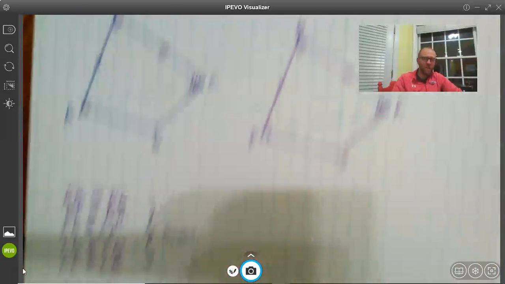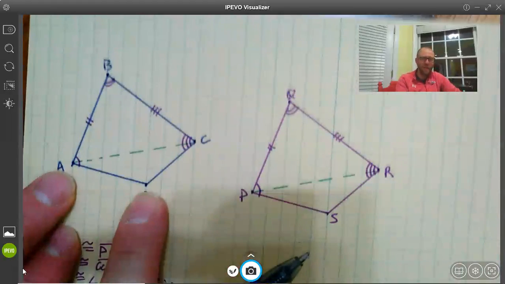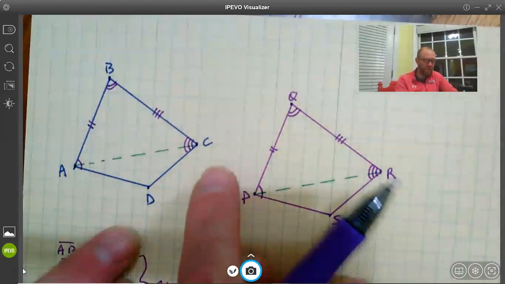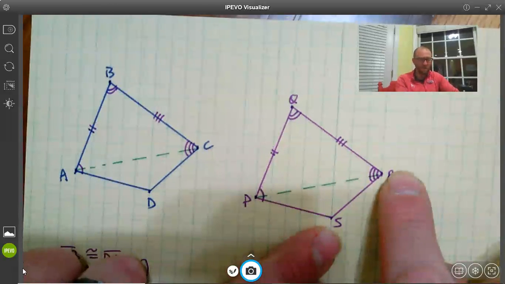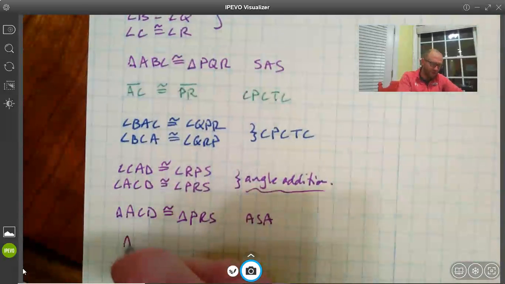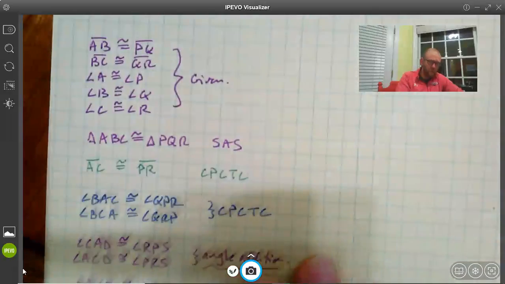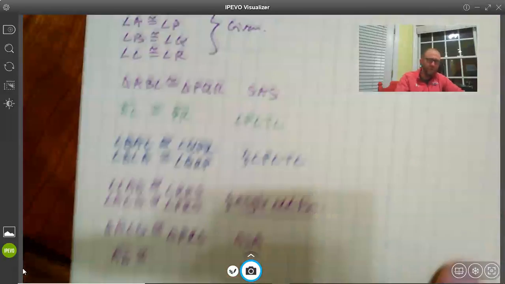And because of that, we now know that AD is congruent to PS, and DC is congruent to SR, and angle D is congruent to angle S. So we'll say AD congruent to PS.